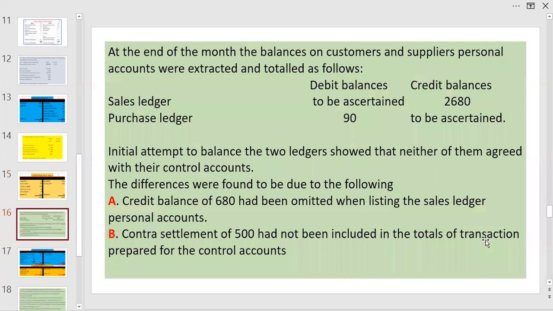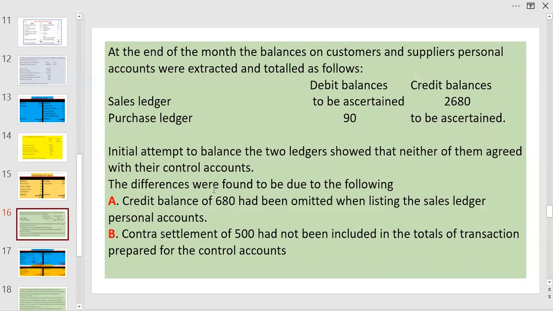The next question: at the end of the month, balances on customers and suppliers' personal accounts were extracted and totaled as follows. Sales ledger balance to be ascertained, credit balance 2,680, purchase ledger debit balance 90, credit balance to be ascertained.